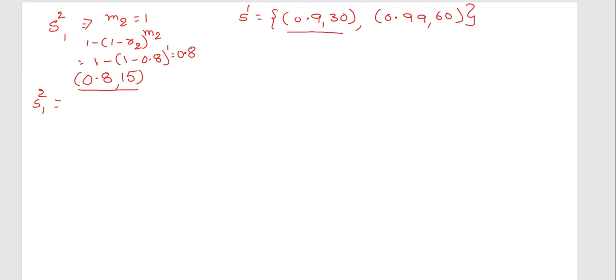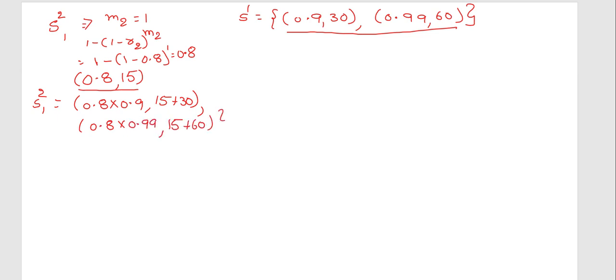These two are the pairs that occurred in stage 1. Now like this, 0.8 into 0.9 comma 15 plus 30, this is one pair, comma 0.8 into 0.99 comma 15 plus 60. Now you got it. This is the pair we are getting.